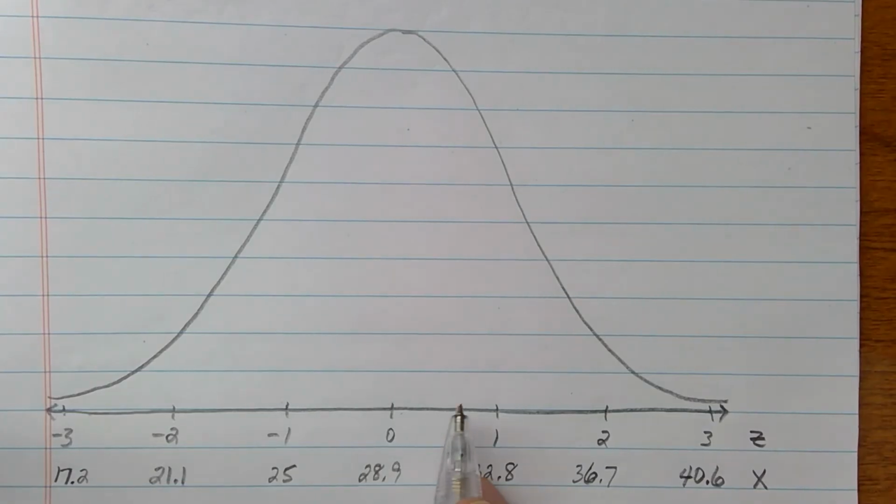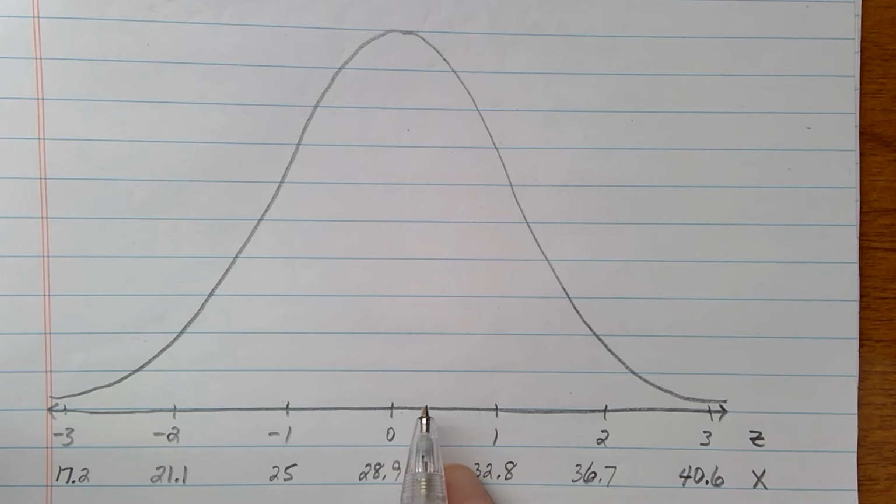All right, so back to our table now. 0.28, that's really close to 0.25, and 0.25 is about a quarter of a step. So we're talking about right about here, and we're speaking z now. So we converted that score of 30 to a score of 0.28 when we're speaking z language.